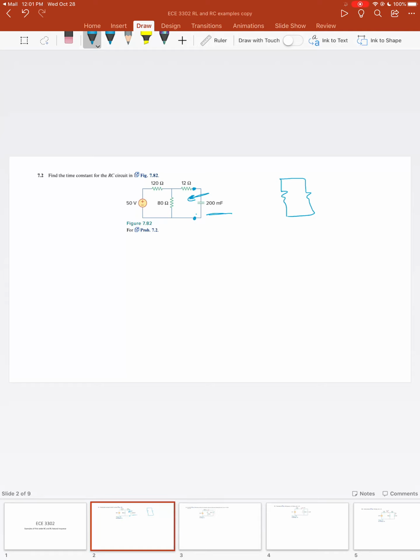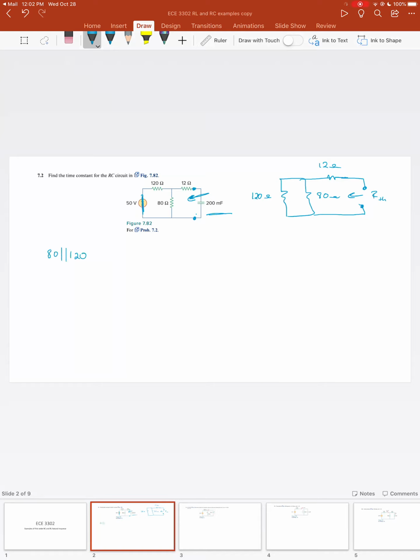In order to find an equivalent resistance, we need to kill the voltage source, which means we're going to short it. So we have 120 ohms now appearing in parallel with 80 ohms and 12 ohms, and then our capacitor is sitting here looking in at this equivalent resistance.